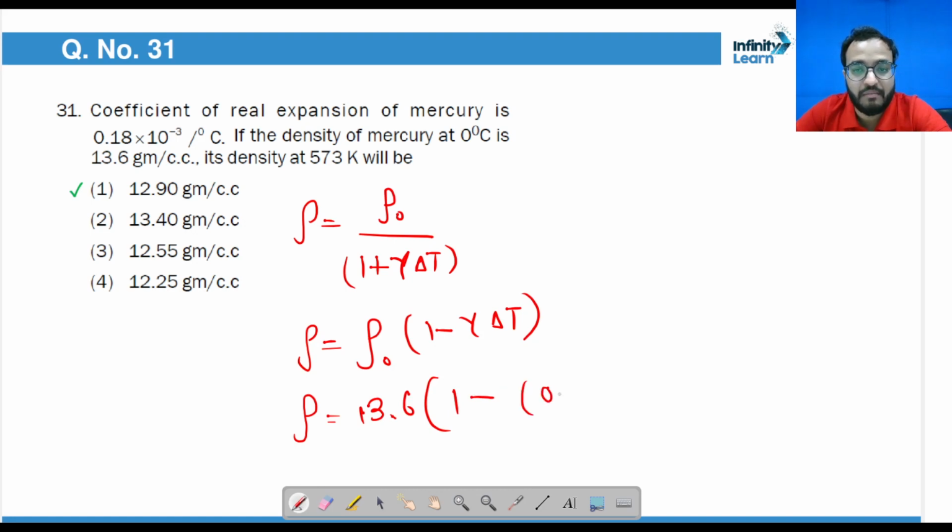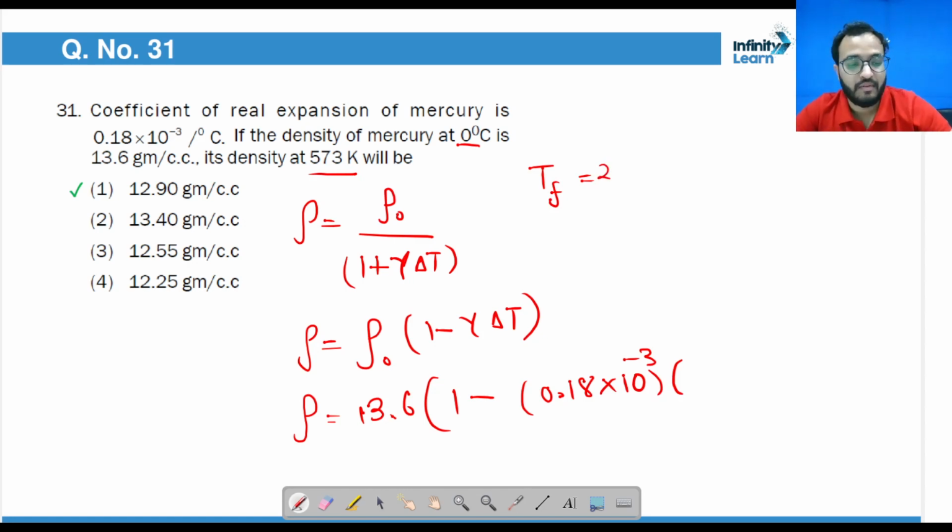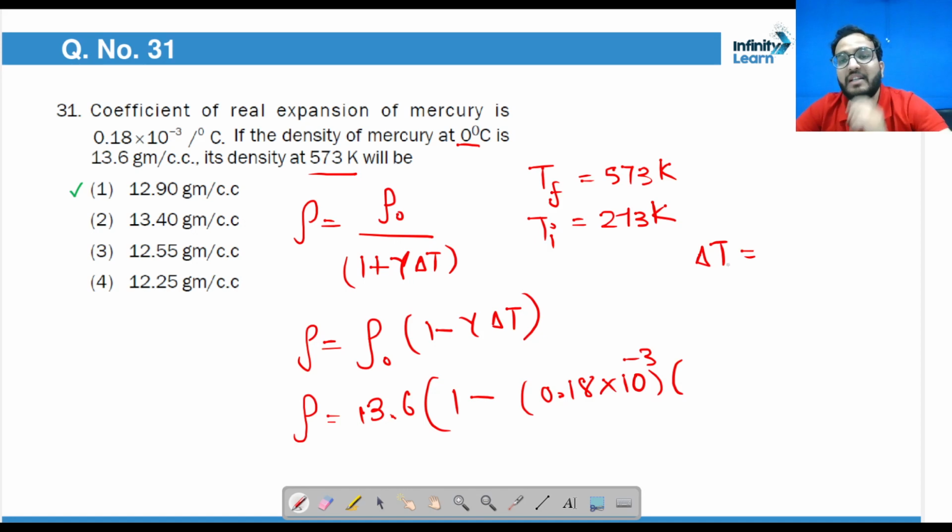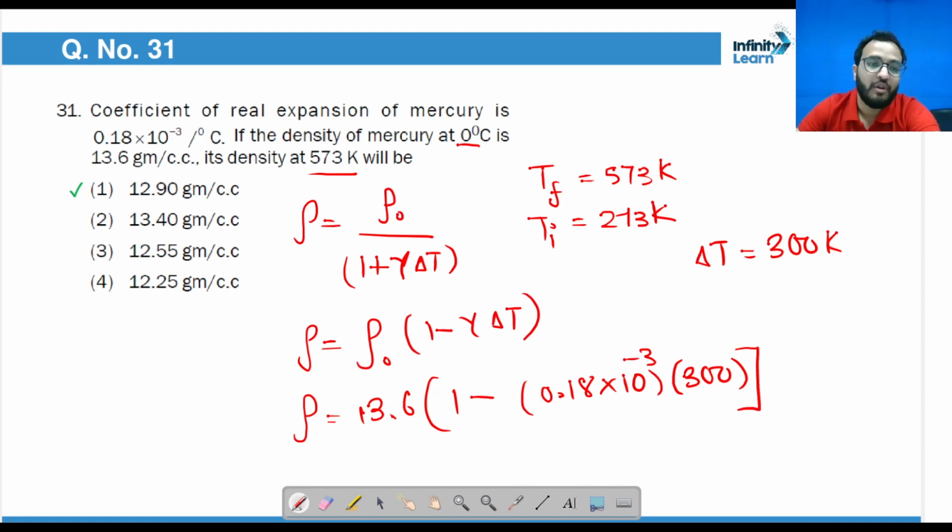Then 1 minus 0.18 into 10 to the power minus 3 into delta T. Very carefully, T final is 573 Kelvin, T initial is 273 Kelvin, that is 0 degree Celsius. So delta T is how much? 300 Kelvin. Now put it here, 300. Now you solve it, you will definitely get the answer 12.9.